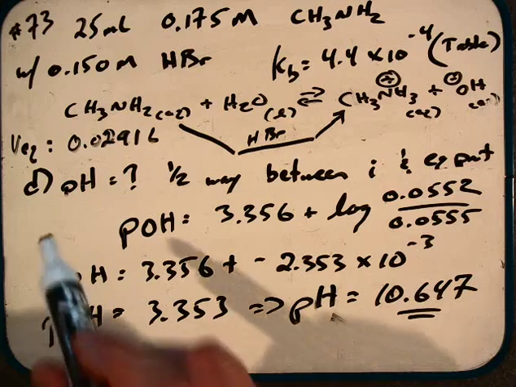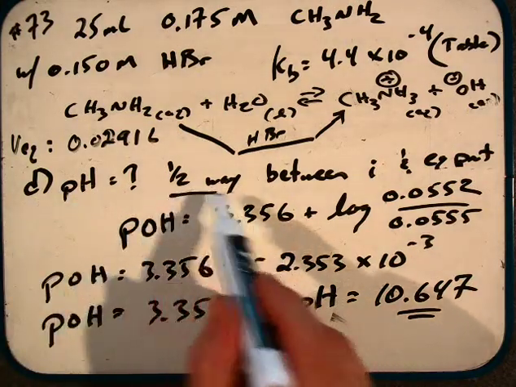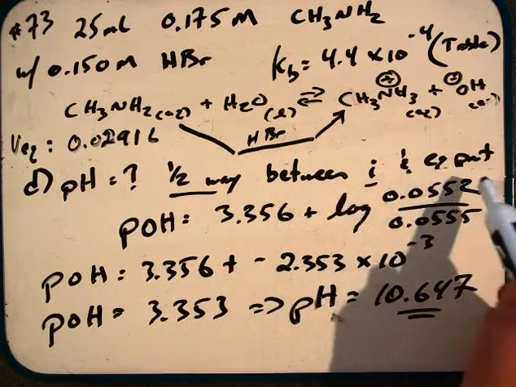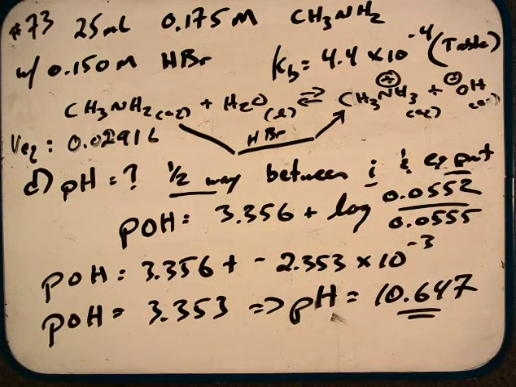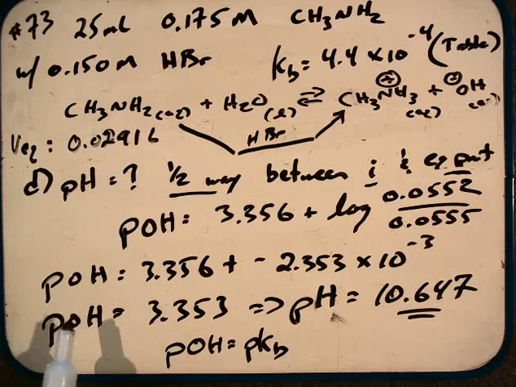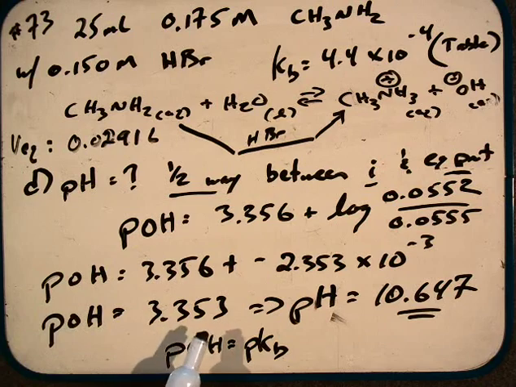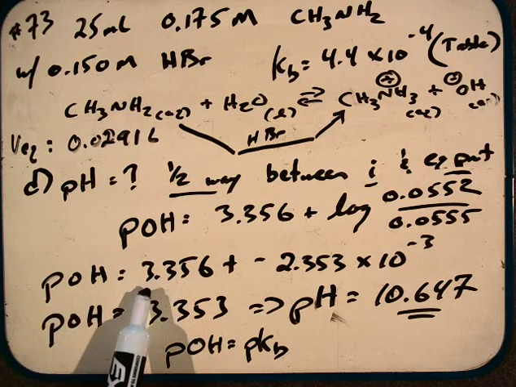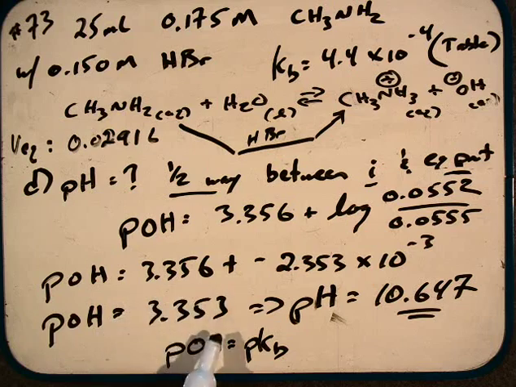But again, this is a special point halfway between the initial and the equivalence, when you can say that our pOH is equal to our pKb for this example. Our pOH was equal to 3.353. Our pKb was equal to 3.356. A little difference, but pretty much exactly the same.